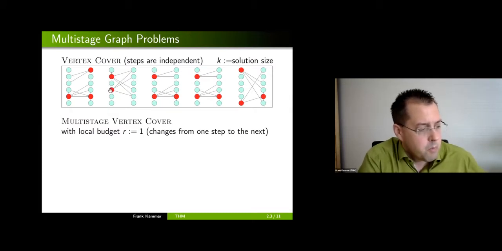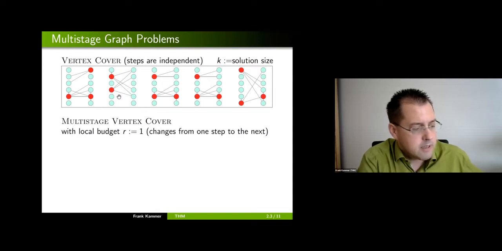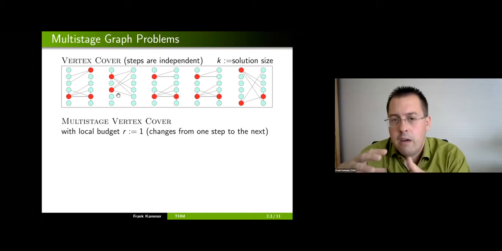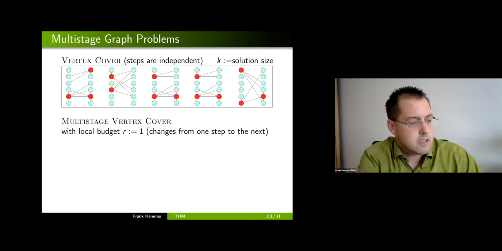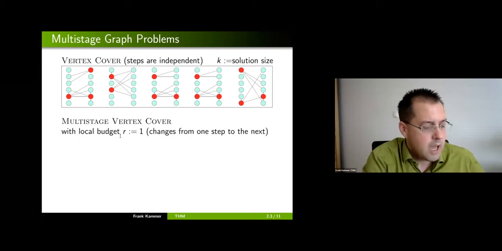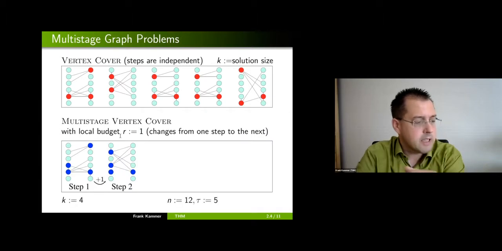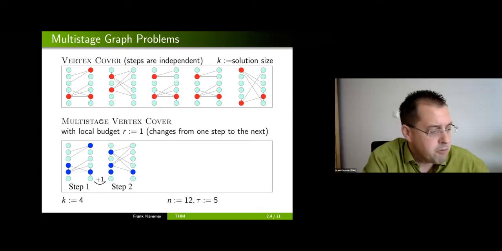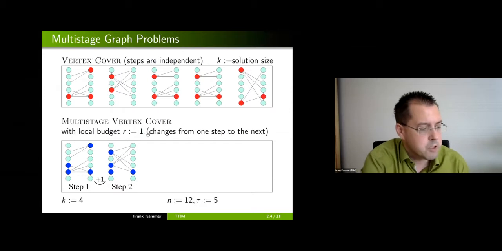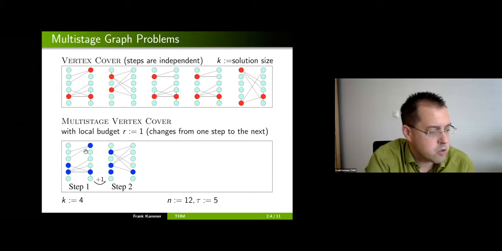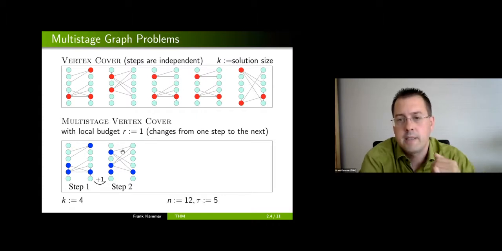For example, we say we have only r differences. This is another parameter. Here is an example of multi-stage vertex cover with r equal to 1, which means we are allowed to change the solution set from one step to the next only by one vertex.